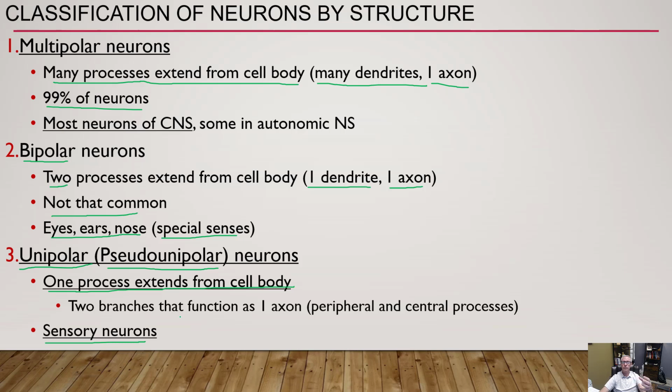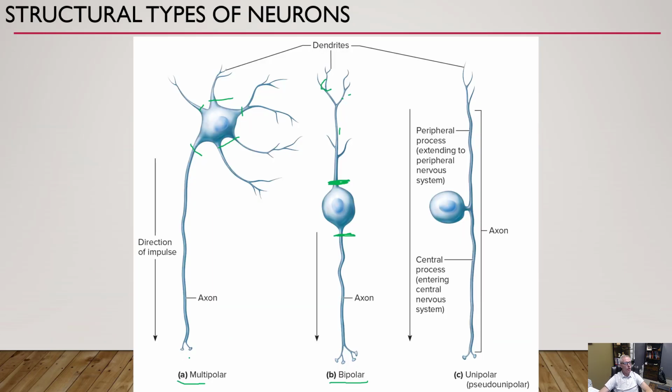Because remember, our peripheral nervous system afferent neurons detect changes inside of our body and from the outside world. So in unipolar neurons, we only have one process coming off of the cell body. Our dendrites come into the cell body, and then the information leaves by that same process.